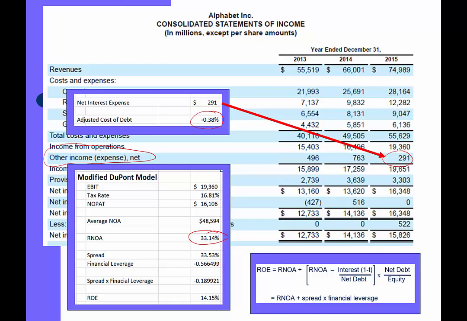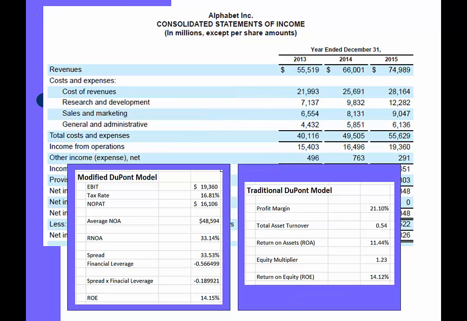They have negative debt divided by positive equity, so this financial leverage is negative, and then the spread times the financial leverage is negative, and we subtract that, and this brings us down to 14.15%, which is their return on equity. So here's the formula for your review. And this is a very different kind of look.